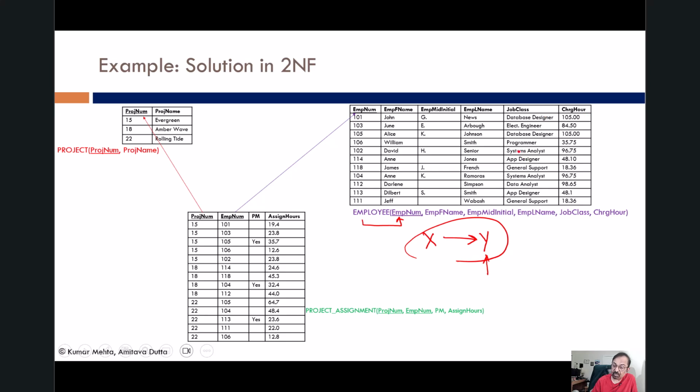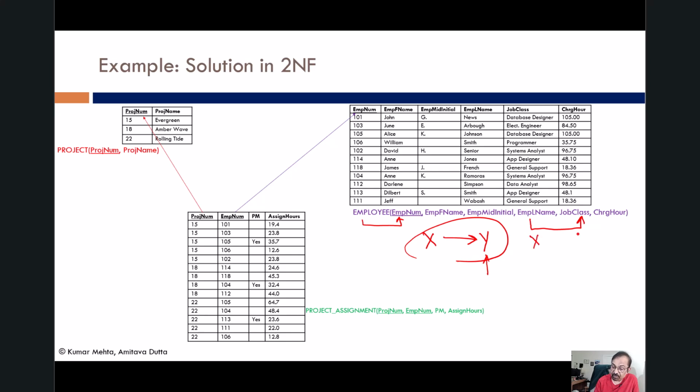Anytime I see systems analyst, the hourly charge is $96.75. So it appears from the data that the job class determines the hourly charge.